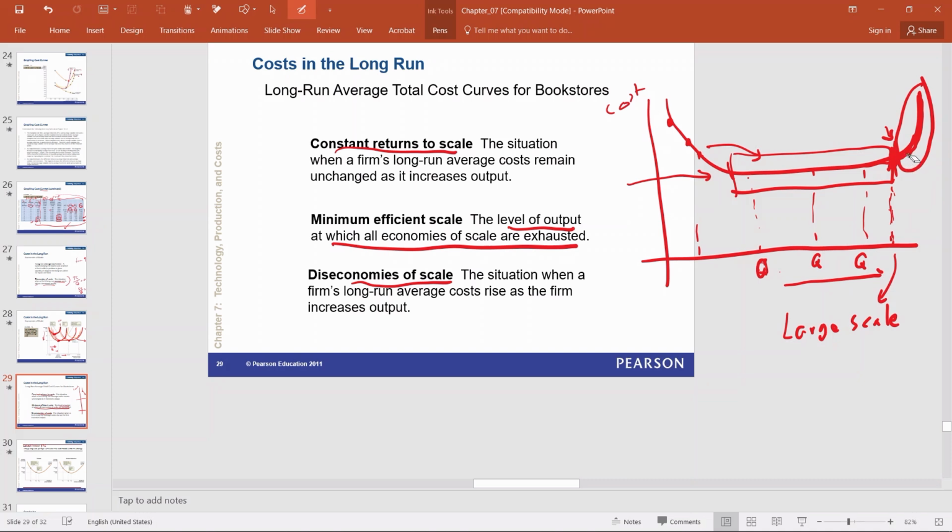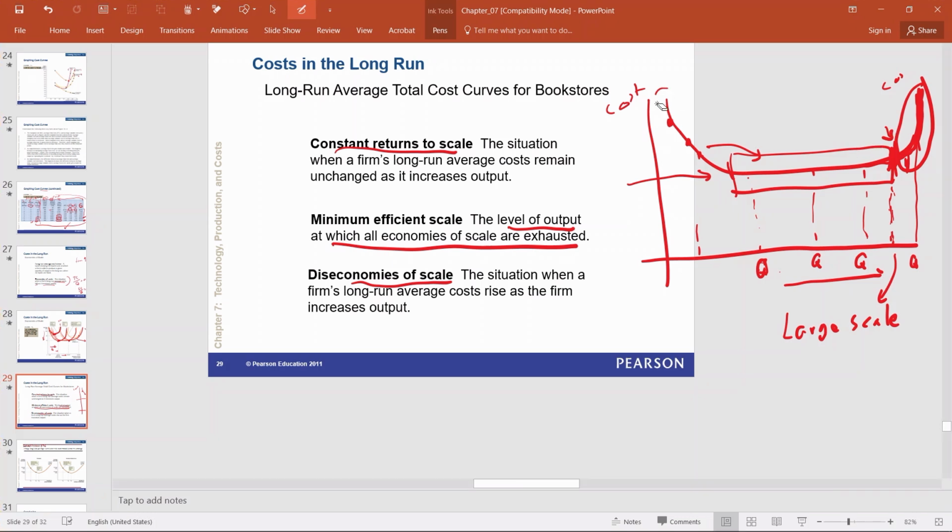This means as you increase Q, your cost goes up, because the unit cost increases. So per unit of production, the cost increases here. This is called diseconomies of scale.